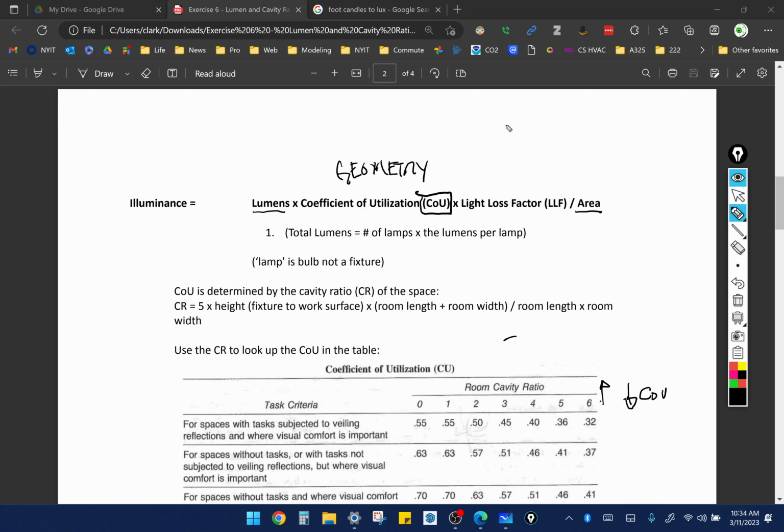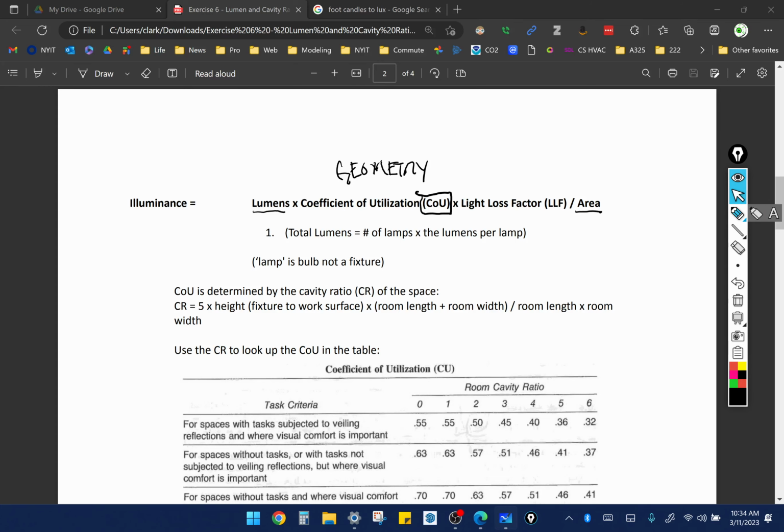Okay. Now, what's the next one? We have this light loss factor. What is that? Well, it's pretty descriptive. It's saying we've got a light that is rated at a specific number of lumens, so a luminous flux output. Luminous flux, we go, what was that again?